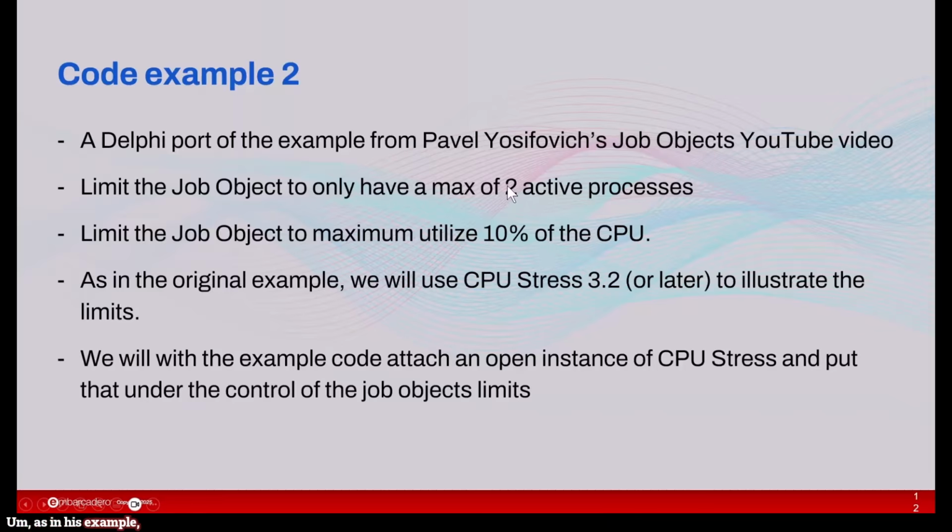As in his example, I will use the CPU stress program to illustrate the limits. That program is a newer version of what was in the Sysinternals, and is also written by him.